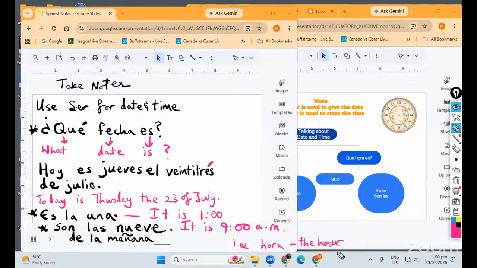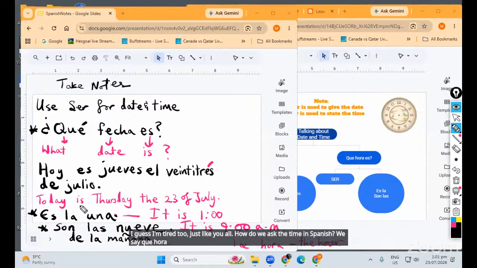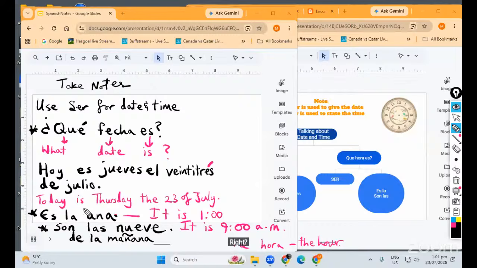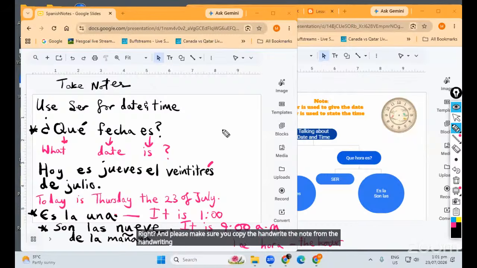When you ask the time, which I did not put here because I guess I'm tired too, just like y'all, how do we ask the time in Spanish? We say ¿Qué hora es? Please make sure you copy the note from the handwriting side because that has all the accents in it. So this should have gone here, but it didn't, so I have to put it over here now.